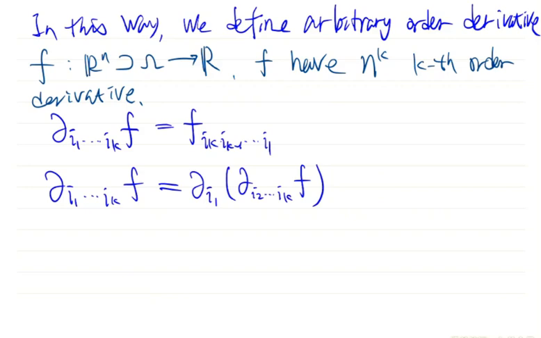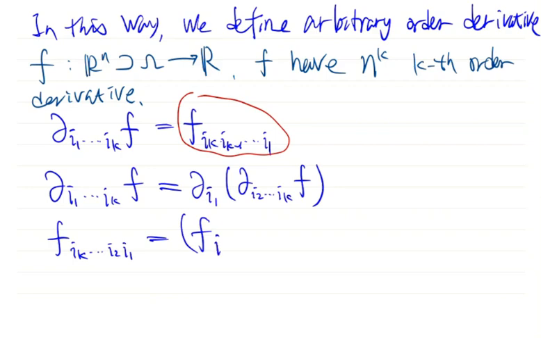If you use the subscript style of notation, the same thing happens: F ik ... i2 i1 is the partial derivative with respect to i1 of F ik ... i2. Of course you can use the classical notation.